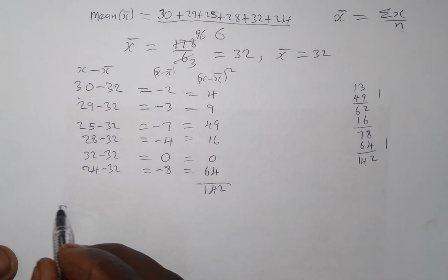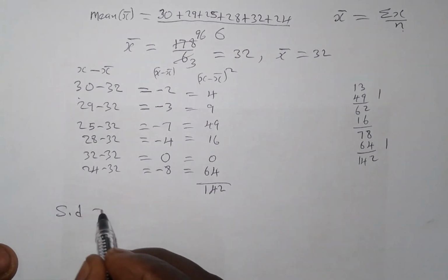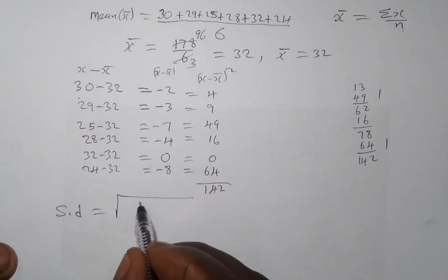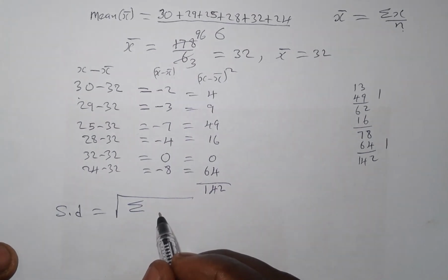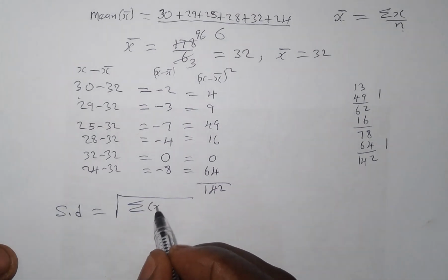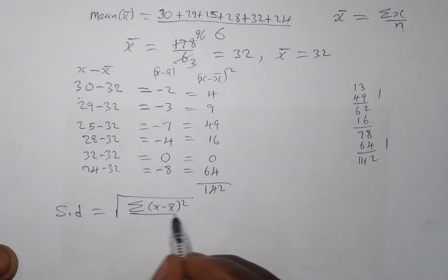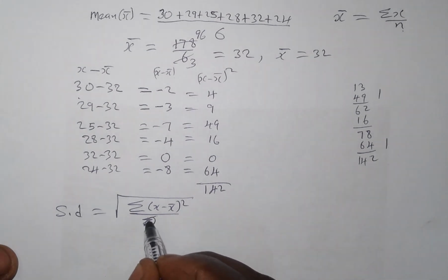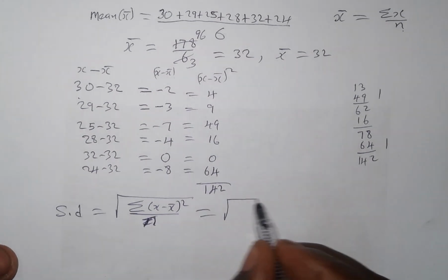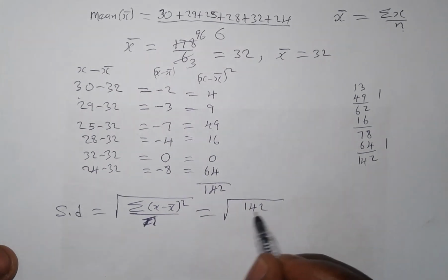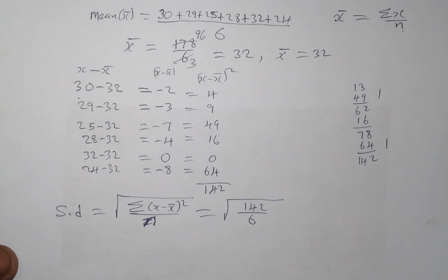So standard deviation is equal to the square root of the summation. In this case it is ungrouped data, so it will be x minus x bar in brackets squared, all over n. By implication, this is the same as 142 divided by 6.